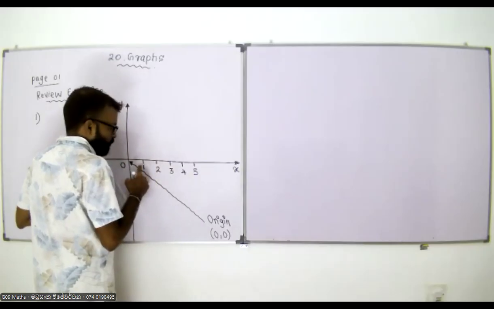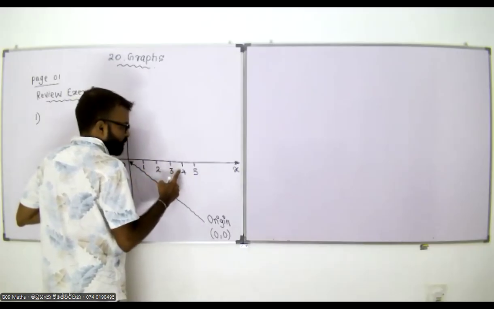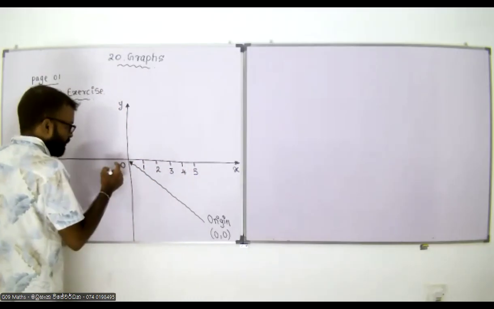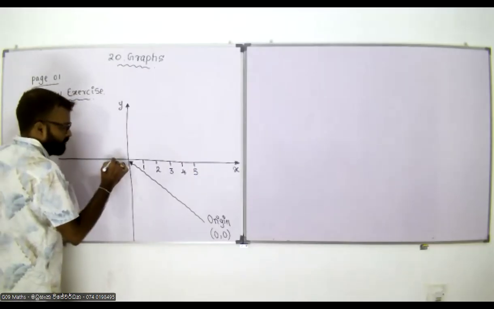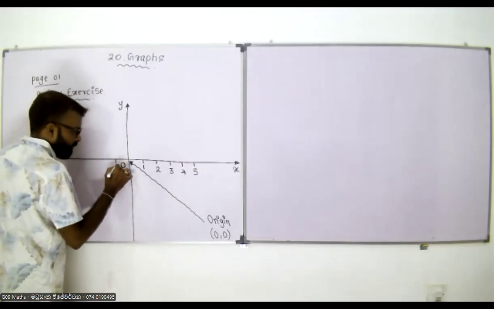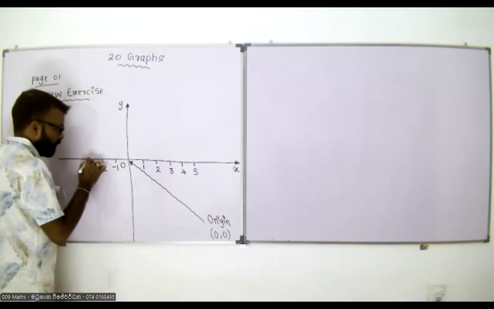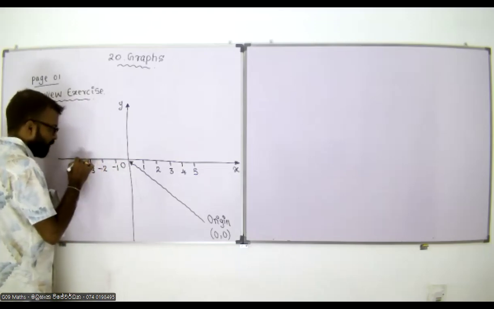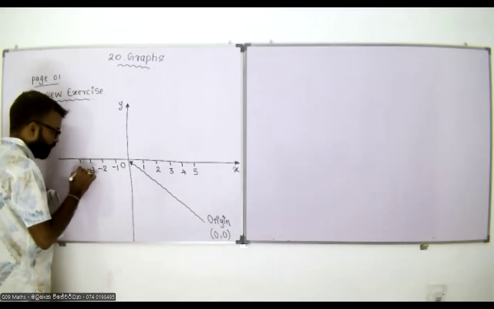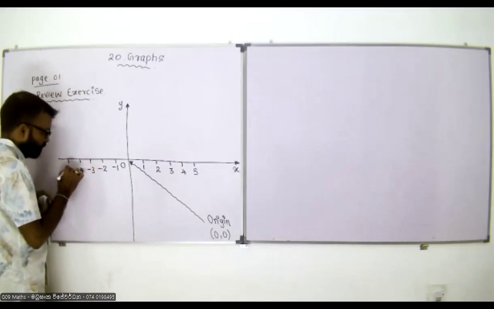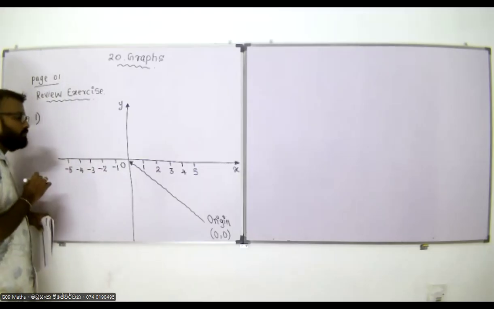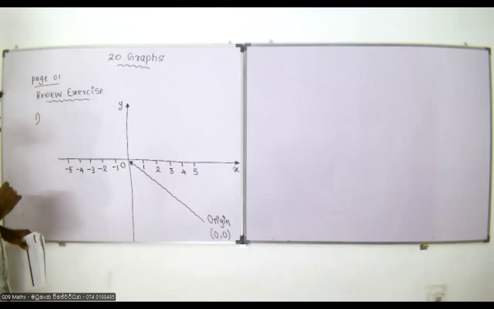So +1, +2, +3, +4, +5. On the left hand side, that means my negative side: -1, -2, -3, -4, -5.